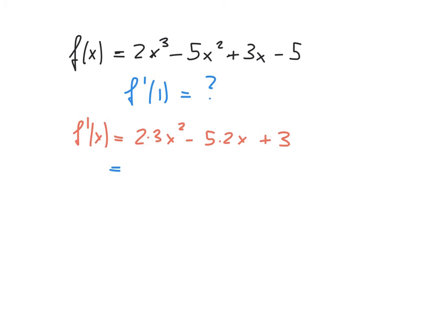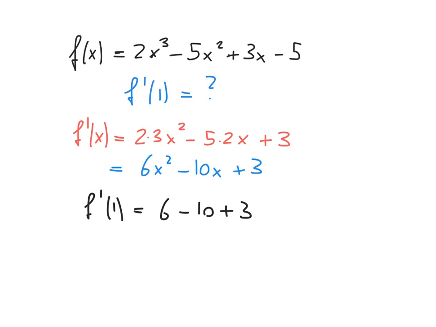So this would be 6x squared minus 10x plus 3. And accordingly, we get f prime of 1 is 6 minus 10 plus 3, and that's equal to minus 1.